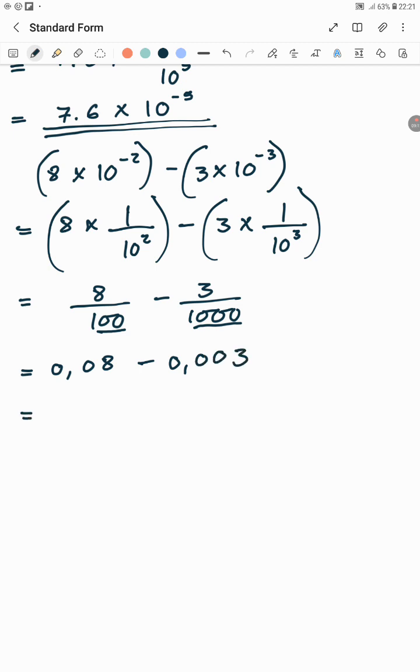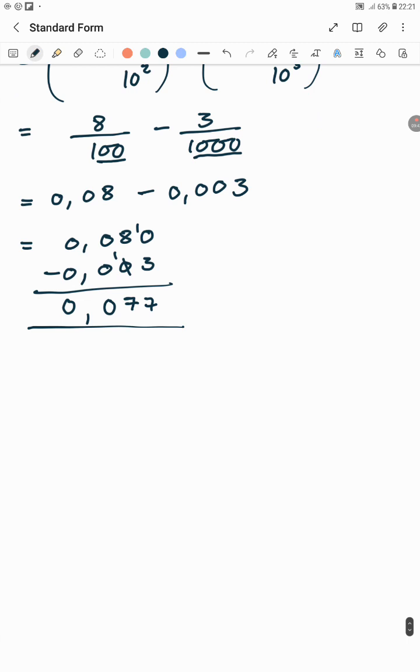And if we change these two fractions to decimals, you are going to see the number of zeros is equal to the number of decimal places, which is 0,08 in this case, and 0,003. And if we subtract 0,003 from 0,08, this is what you get here. You borrow, and this one you get 7. Here it will be 1, and you say 8 minus 1, you get 7, and here 0, 0.